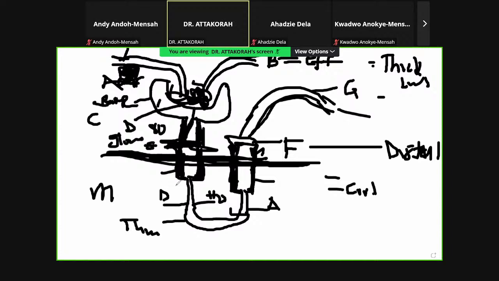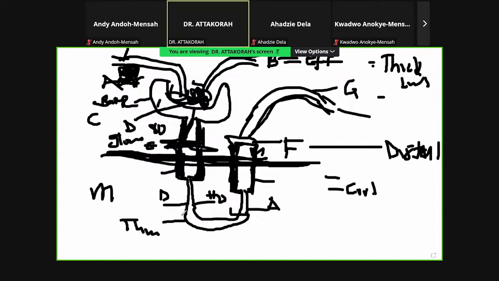So what is the reason why the thick segment is found here? Because exchange of water occurs here, we need to establish an osmotic gradient.